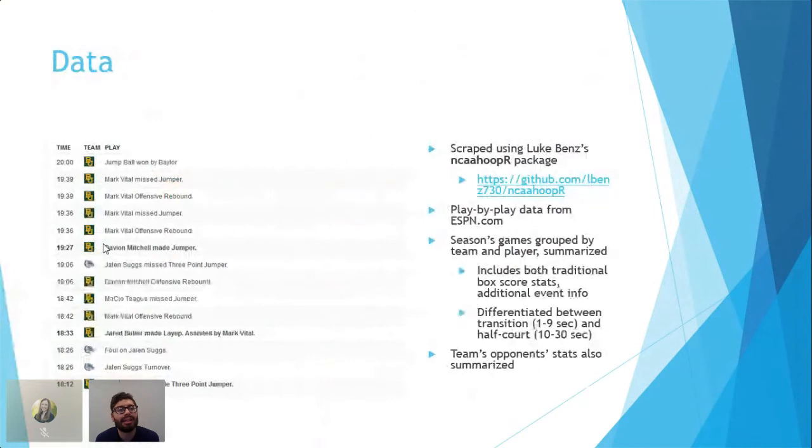The data I scraped using a package called NCAA Hoop R, created by Luke Benz from Yale. It scrapes play-by-play data from ESPN.com, such as here on the left. I took that play-by-play data, grouped all the games of the season by team and player, and then summed up all the different totals of any action, whether it be making or missing a shot, any fouls, any rebounds, things like that.